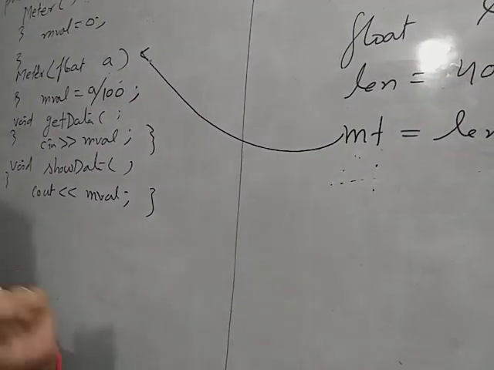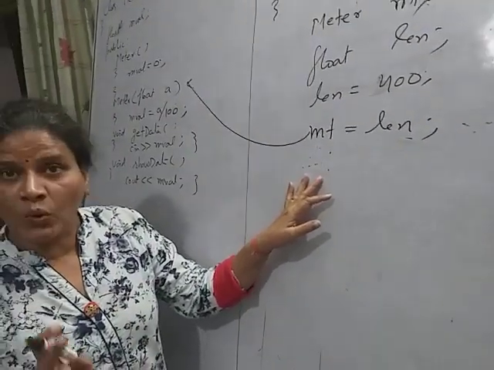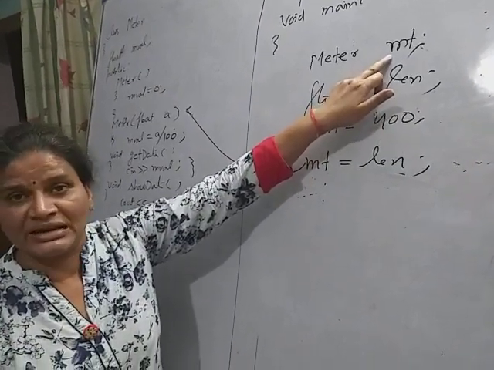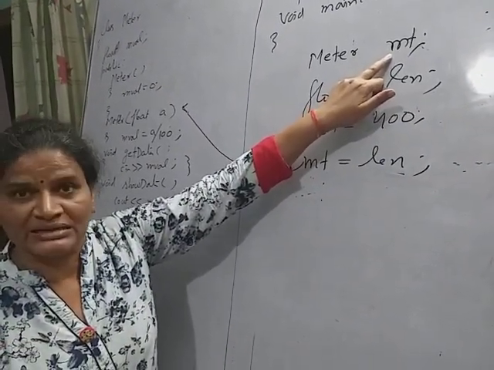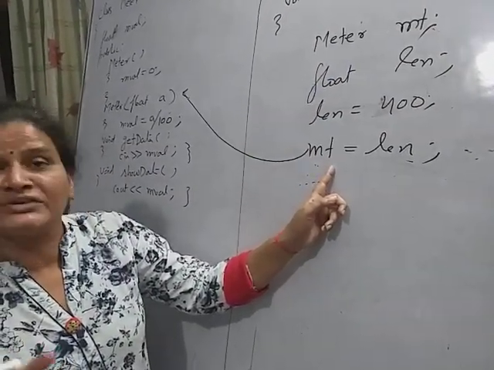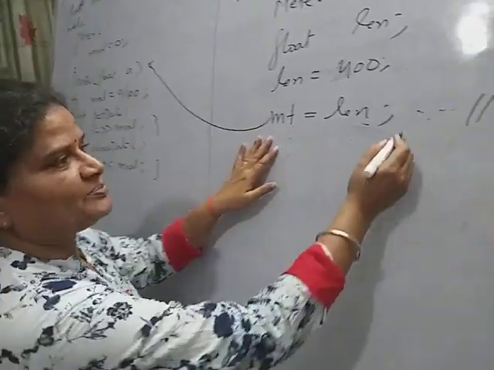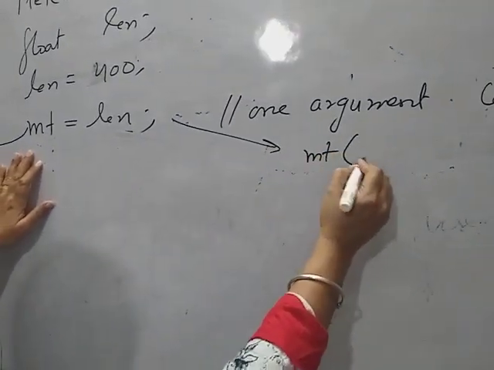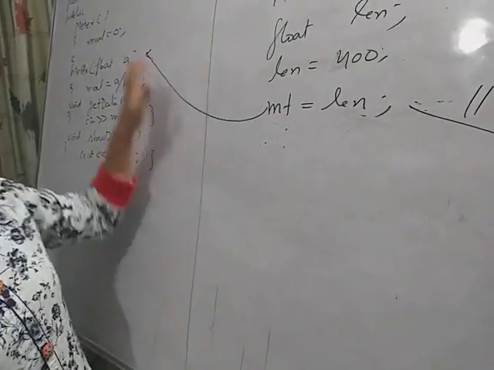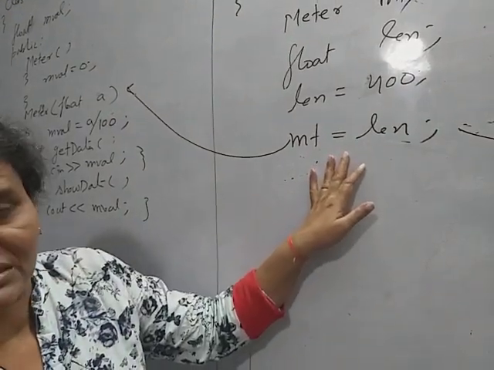Now carefully listen. We always know that constructors are called automatically when the object is created, but here this is the special case of type conversion in which the constructor is called. This is interpreted like this: mt equal to len. First the compiler checks whether the assignment operator is overloaded for this particular conversion or not.